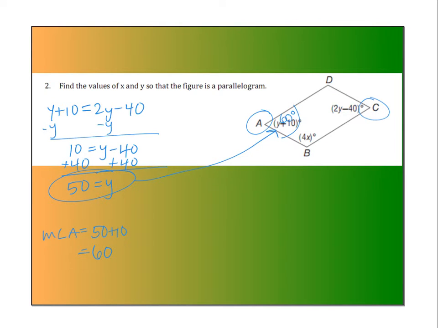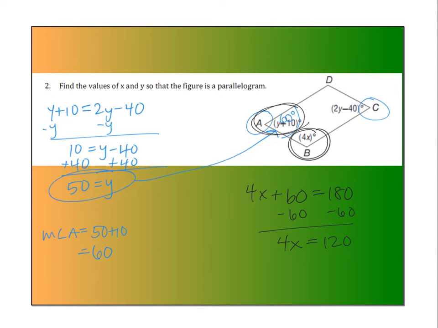So what we can do is say 4x plus the 60 added together should equal 180, because consecutive angles are supplementary. Subtract your 60. You have 4x equals 120. Divide by 4, and x equals 30.